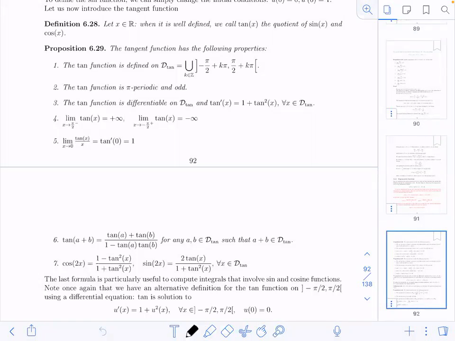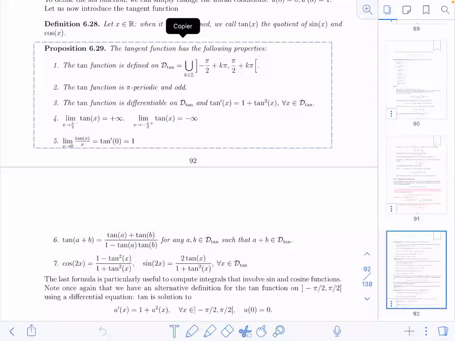In particular, that gives us a definition domain, and we have the following.